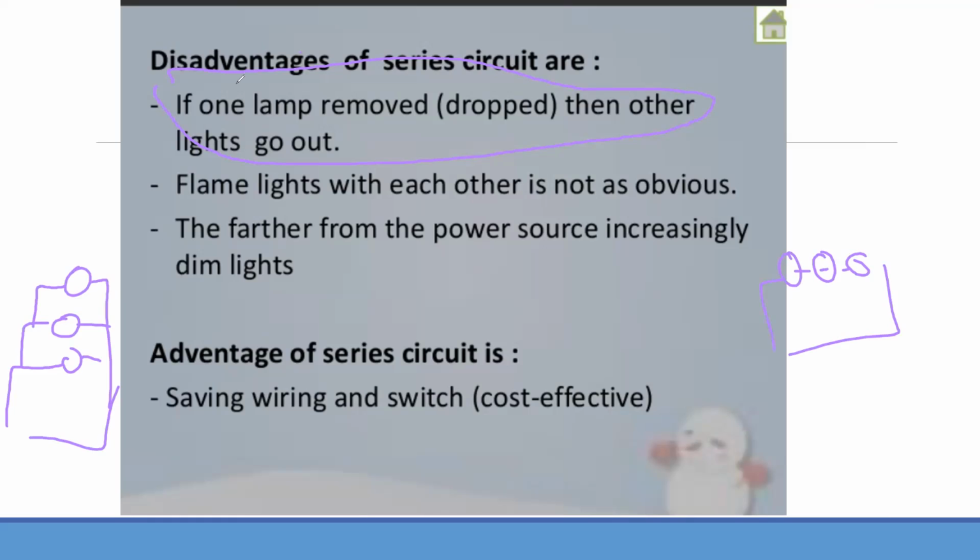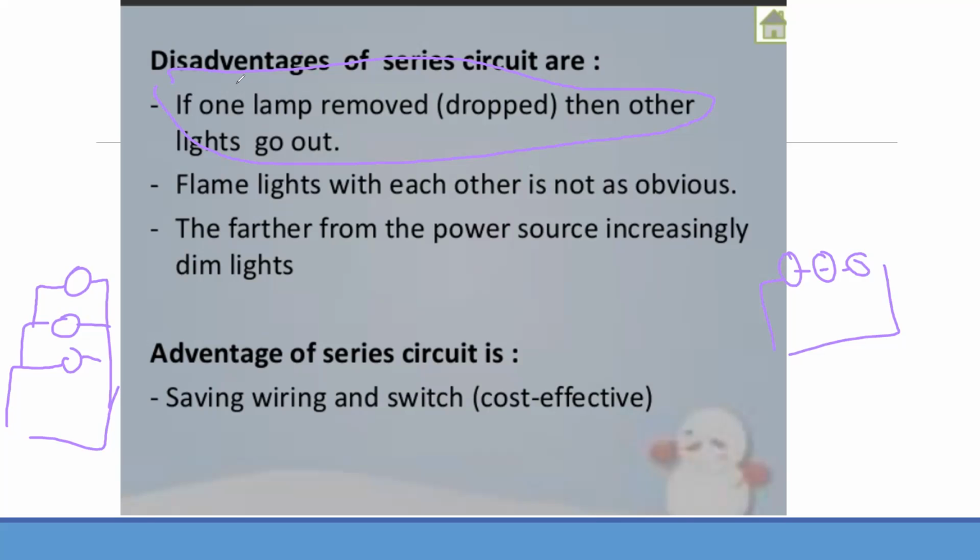The first one with one wire has a less cost than if we have three wires. So the advantage of the series is that it saves the wiring and also the switch, the key.